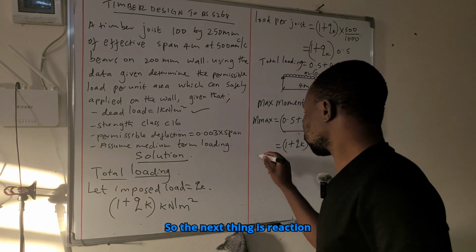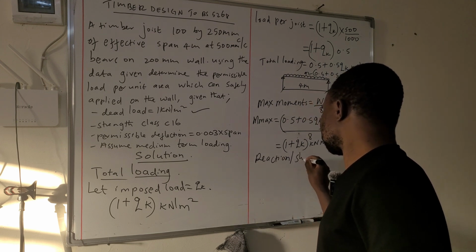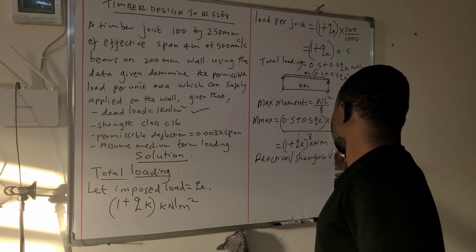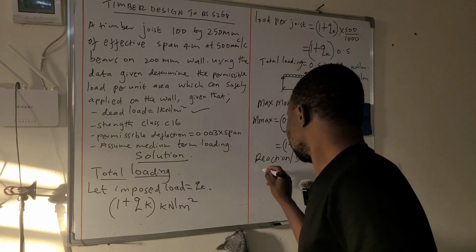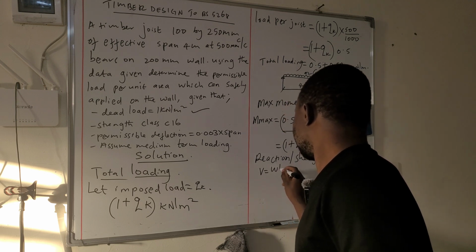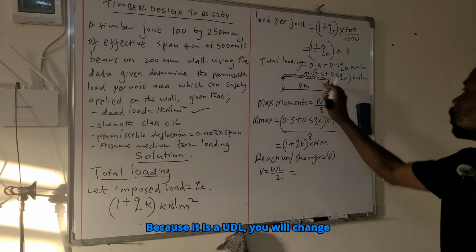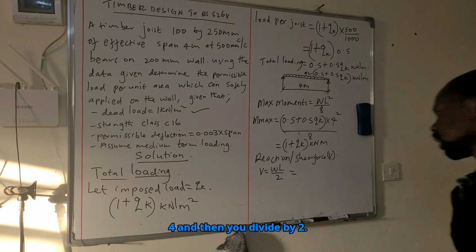After doing so, we will calculate our reaction or shear force. So the next thing is reaction, or shear force, which is V. V is equal to WL over 2. Because it is a UDL, you change it to a point load by multiplying by the length, which is 4, and then you divide by 2.